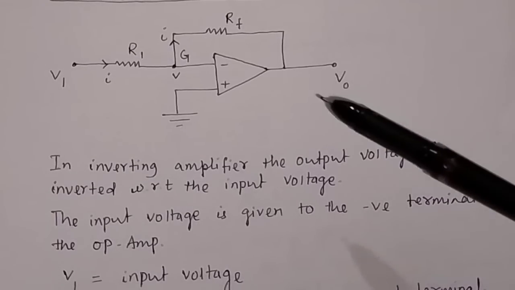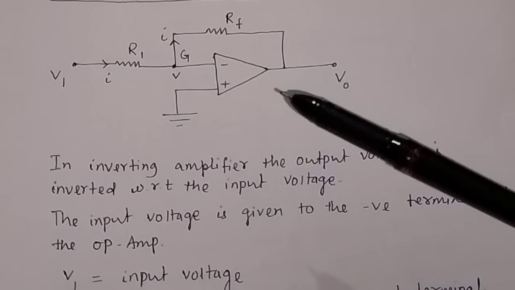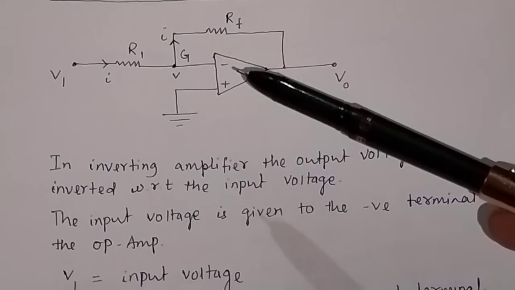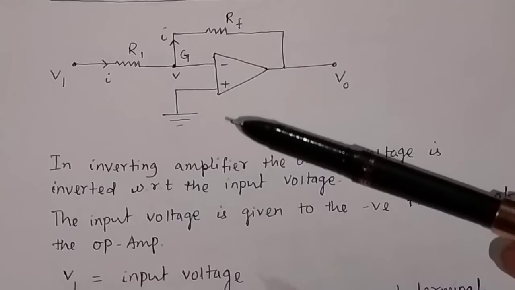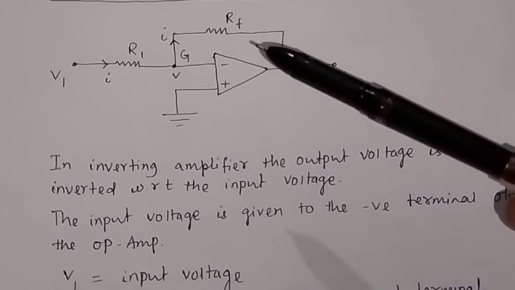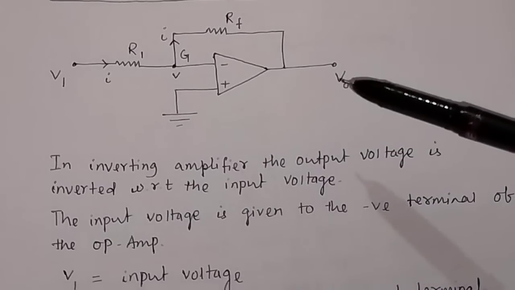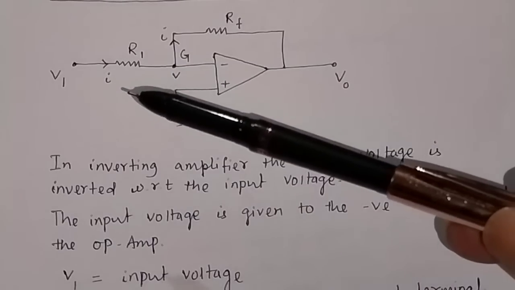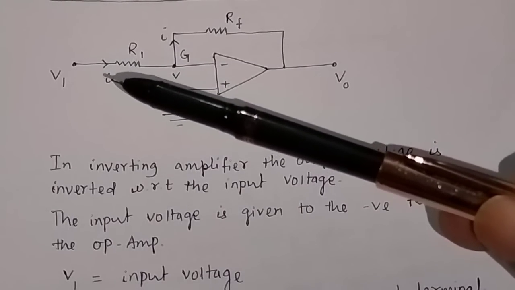This is the basic circuit diagram for the inverting amplifier. The negative end is the inverting end, and the positive end is the non-inverting end. In an inverting amplifier, the output voltage is inverted with respect to the input voltage. VO is the output voltage, and V1 is the input voltage.